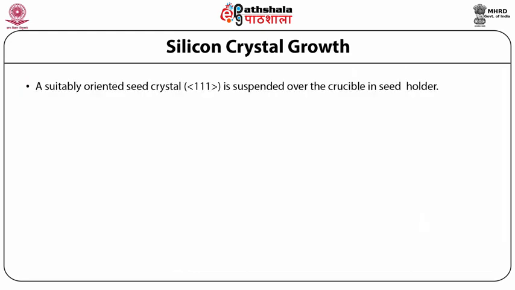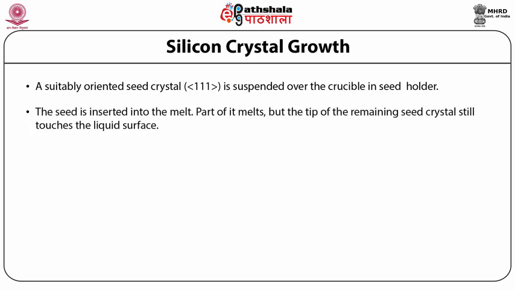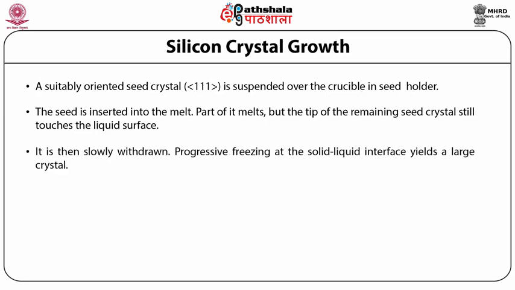A suitably oriented seed crystal <111> is suspended over the crucible in the seed holder. The seed is inserted into the melt, part of it melts, but the tip of the remaining seed crystal touches the liquid surface. It is then slowly withdrawn. Progressive freezing at the solid liquid interface yields a large crystal.